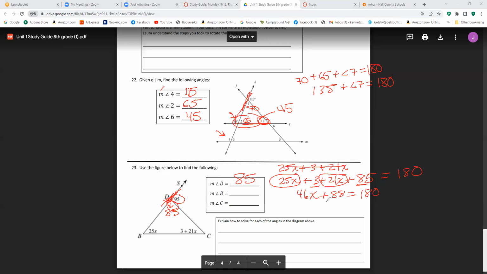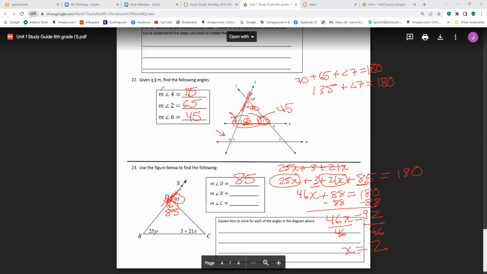I want to solve for x, so I'm going to subtract 88 from both sides. So I have 46x is equal to 180 minus 88, which is 92. And the last thing I'm going to do is divide both sides by 46. So 92 divided by 46 is 2. The value of x is 2.